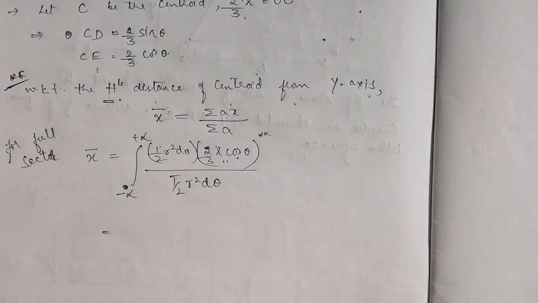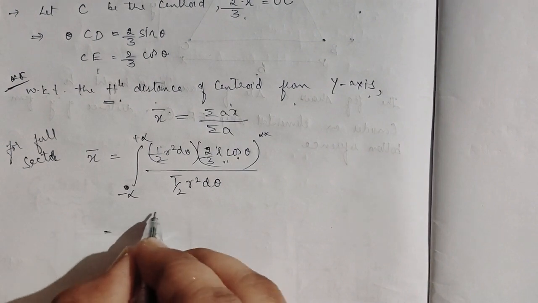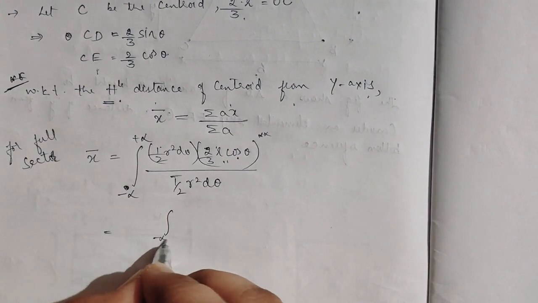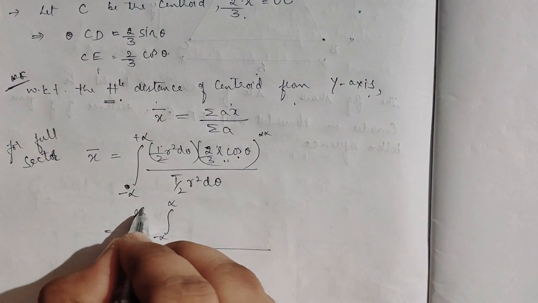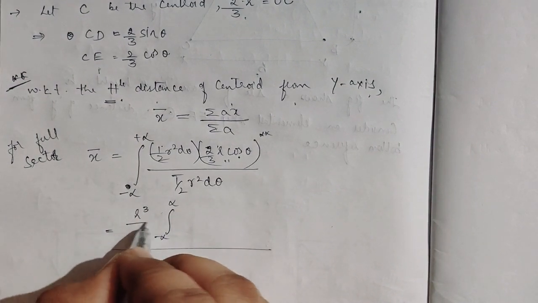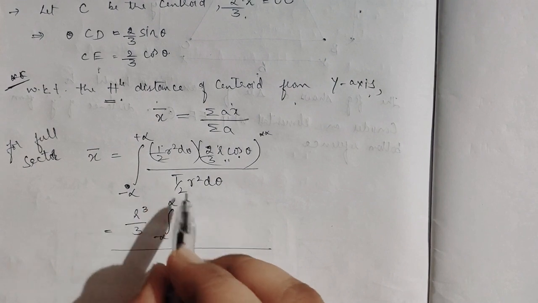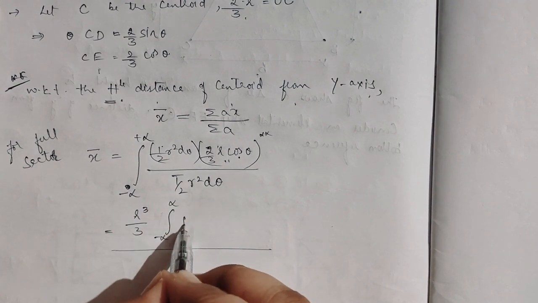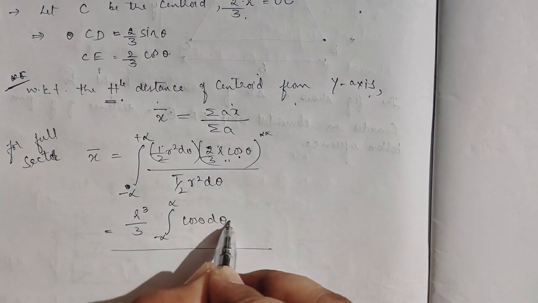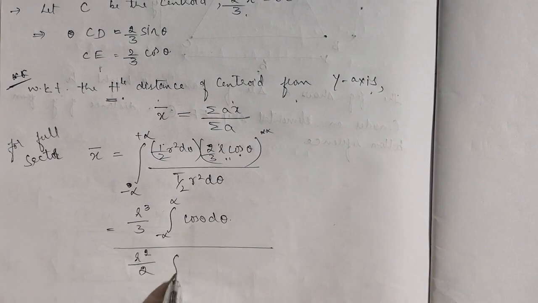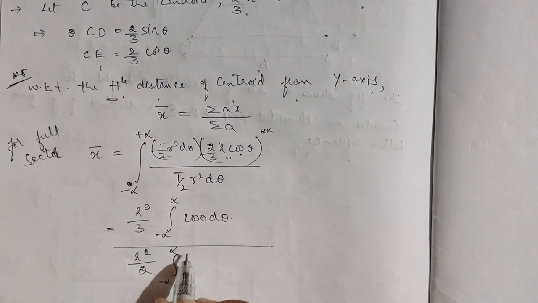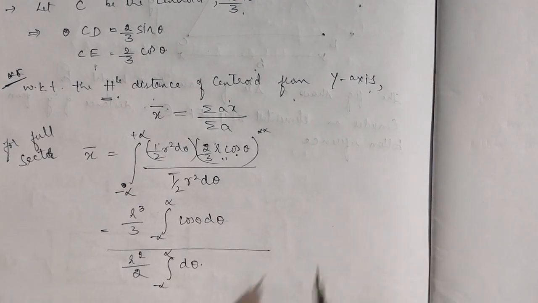So as usual, after solving, from minus alpha to plus alpha, here we are getting r cube by 3, then cos theta into d theta. So here also, this is r square by 2, from minus alpha to plus alpha, d theta.